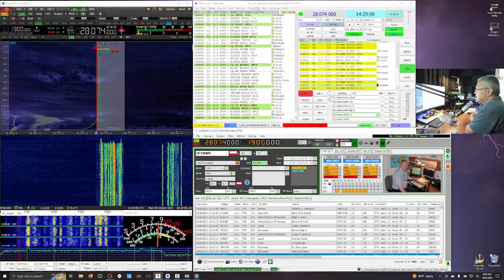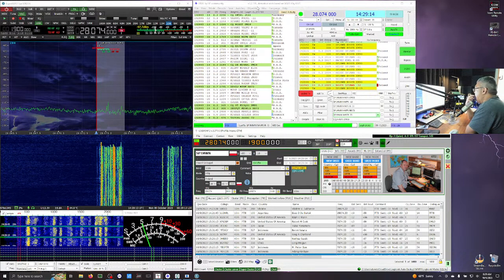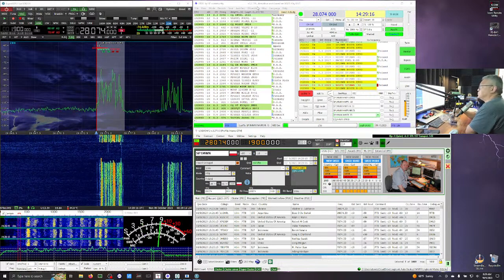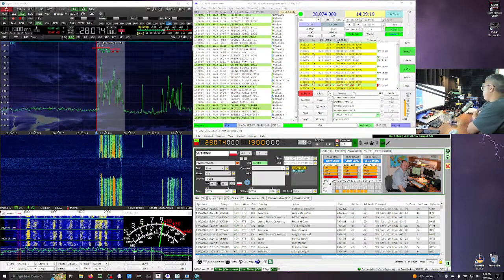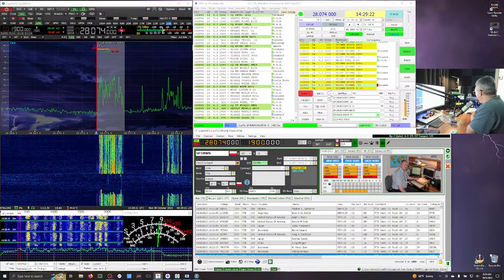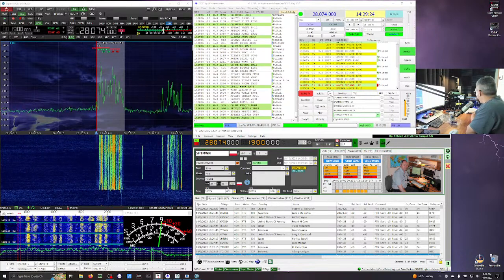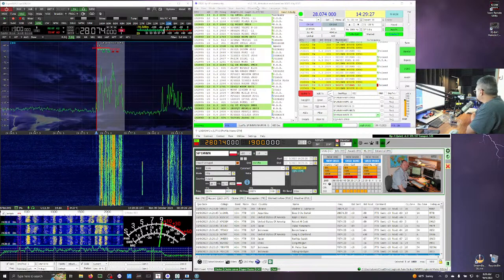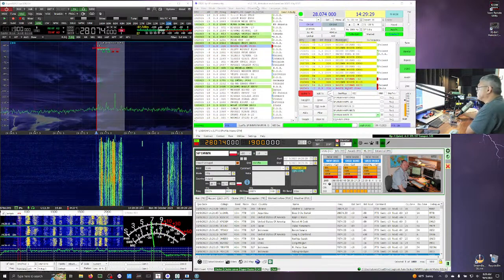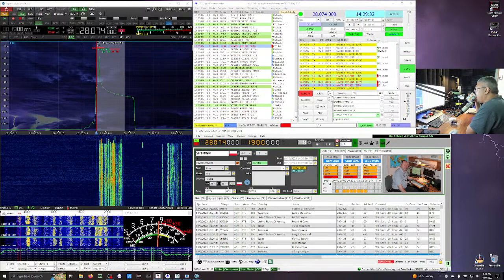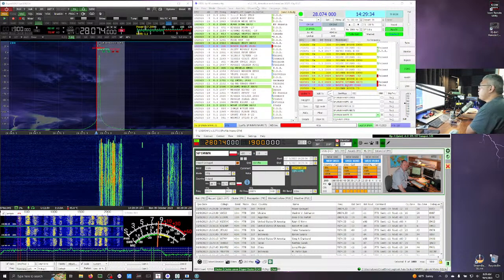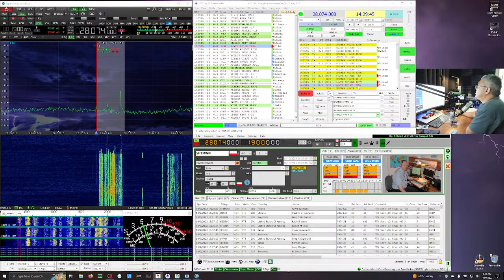It now has a time for QSO on FT8. All right, 73s. We got a good contact with him.